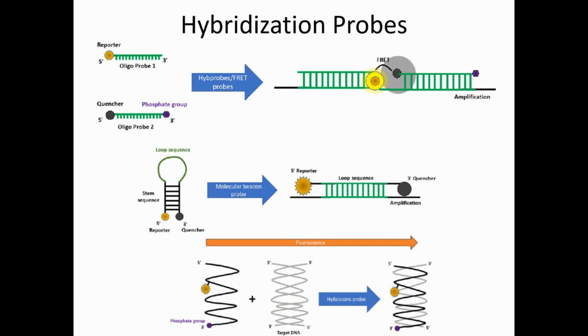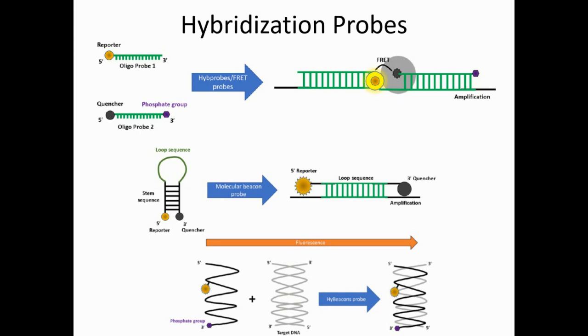The probe sequences are designed to hybridize to the target DNA sequence in the head-to-tail orientation so that the two fluorophores are in close proximity. During the annealing stage, the probes are adjacent to each other, and the quencher emits fluorescence because it has been excited by the energy released from the reporter.